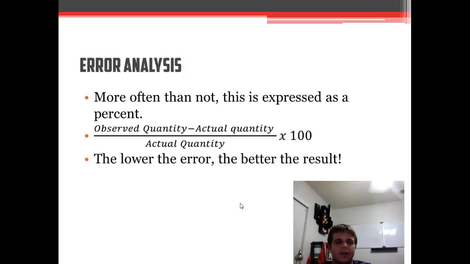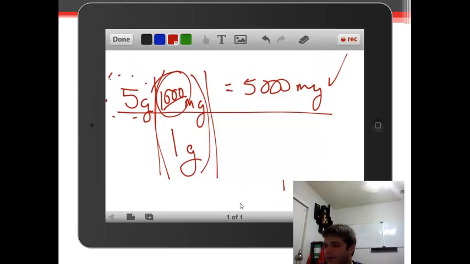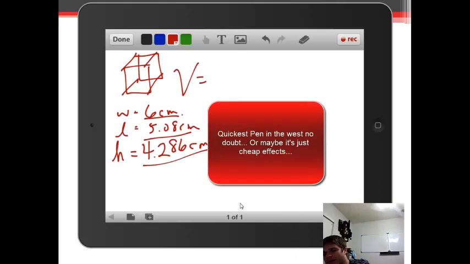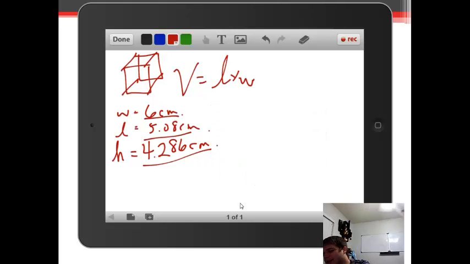So how could we do that, right? That doesn't make any sense, Mr. Hawkins. Well, actually, it's pretty easy. Let me pull up my iPad again, and I can show you how you would do a sample problem using error analysis. So say we're wanting to find the volume of a cube. How do you find the volume of a cube? Simple. The volume of a cube is equal to the length times the width times the height, right?